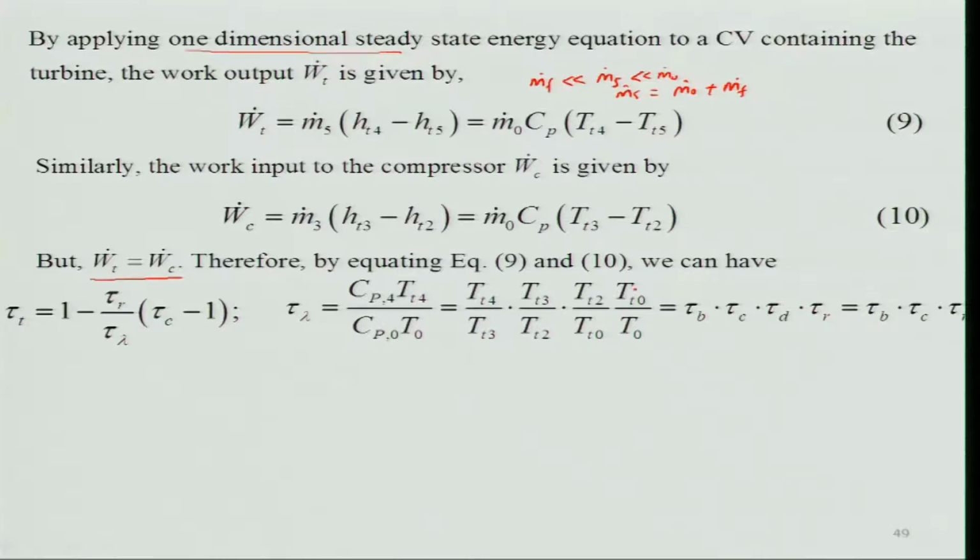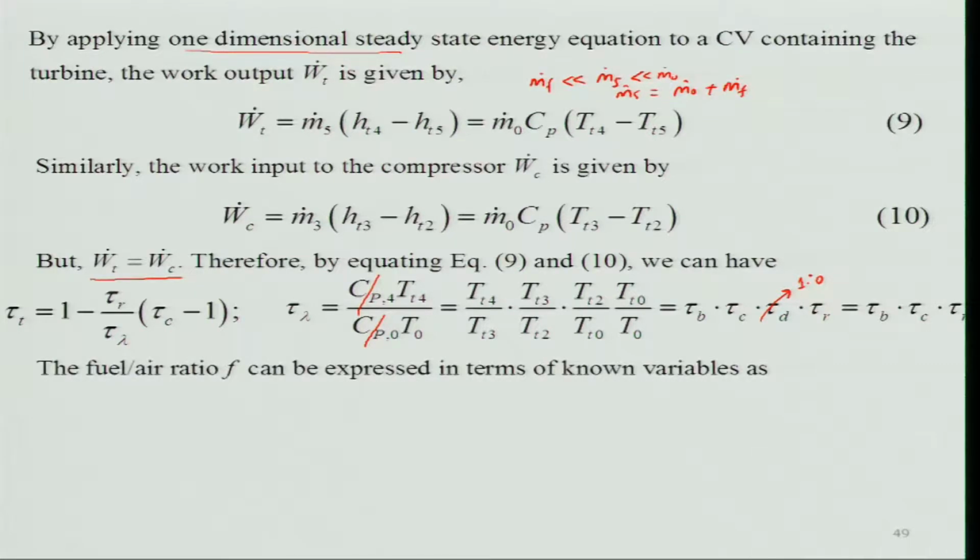You can rewrite it as Tt4 by Tt3 into Tt3 by Tt2 into Tt2 by T0 and T0 by T. So you can write it in terms of tau B, tau C, the compressor, tau D for the air intake, and tau R. You know that tau D is equal to 1 because it is an adiabatic process, we are saying no heat is going out. In a real situation it cannot be, but under ideal situation it is okay.